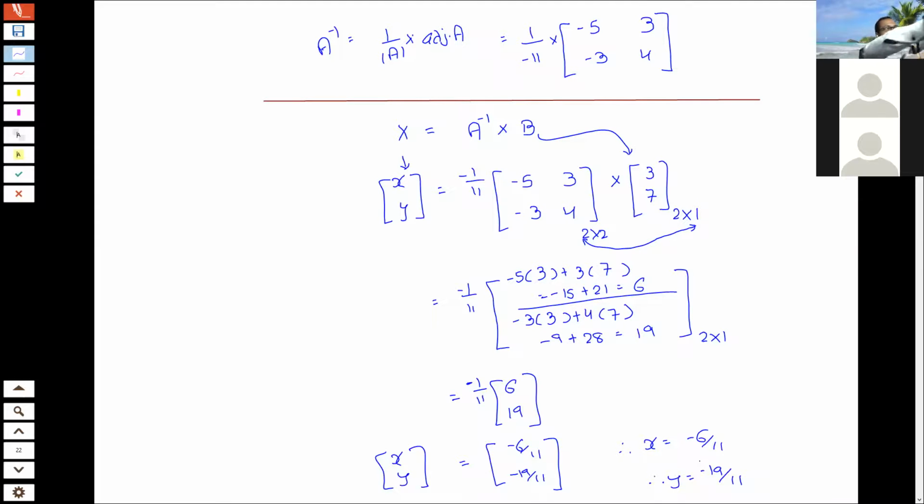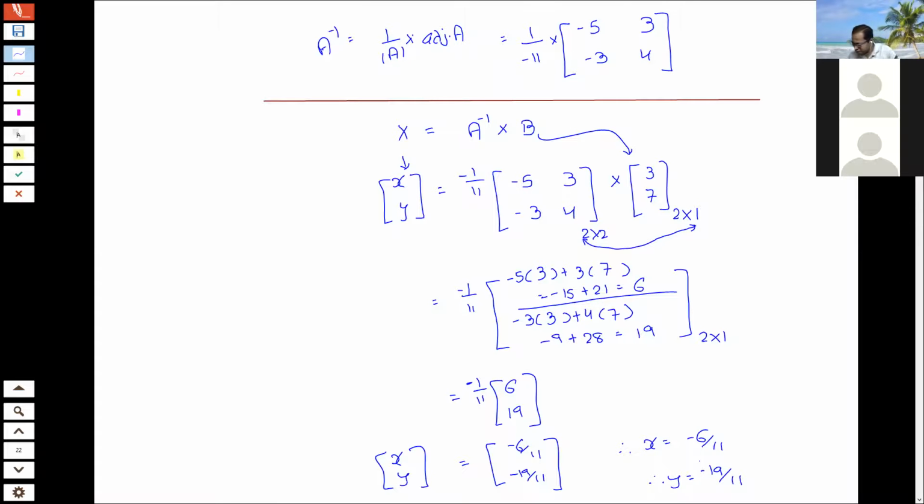Now I request you to confirm what answer you have given for x and y. It is question number 9, right? Yes. So x is -6 by 11, y is -19 by 11. So we got this answer.